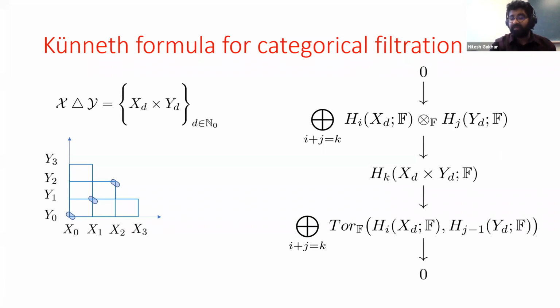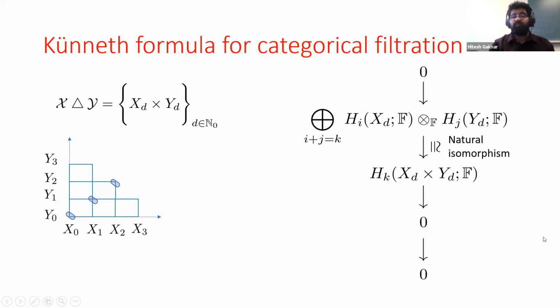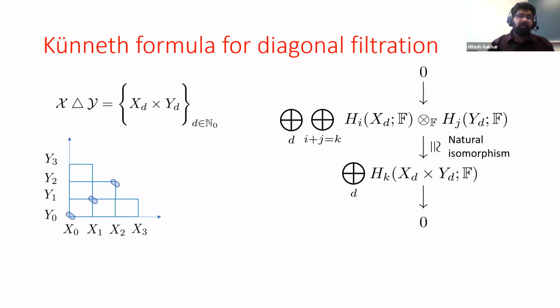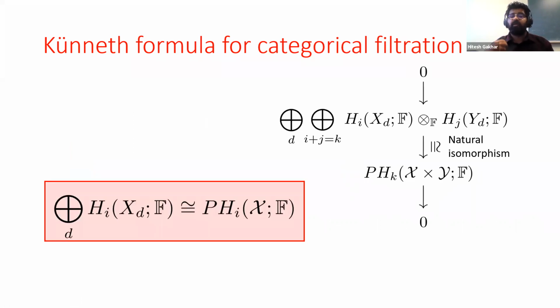But the thing is, because we're working with fields, all homology modules are essentially vector spaces. So their Tor is actually zero. So we get this natural isomorphism at each index D. And you can simply take the direct sum over each of those indices D, and this middle term, the direct sum of the homology of the individual products, is nothing but the persistent homology of the categorical filtration.